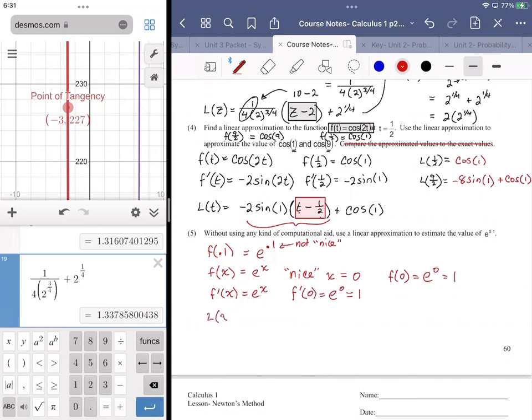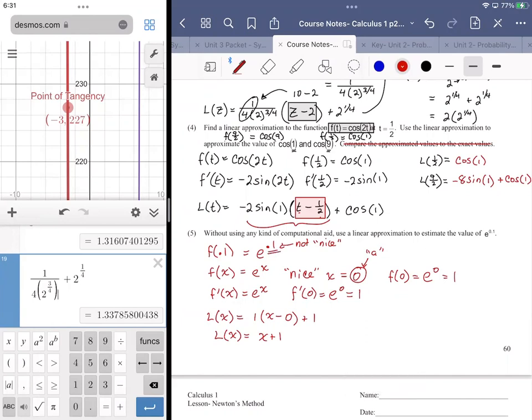So L of x would be equal to 1 times x minus my nice number. That's our a value. So x minus 0 plus 1. Simplified, L of x is equal to 1 times x plus 1, so just x plus 1. So then all I'd have to do is evaluate this function for when x is equal to that not so nice number.